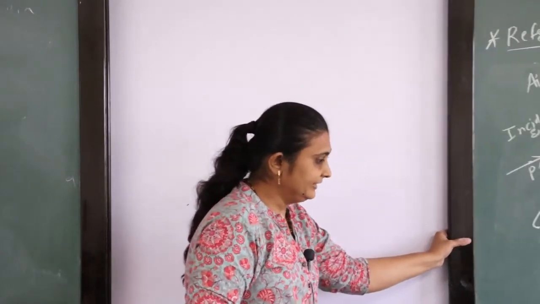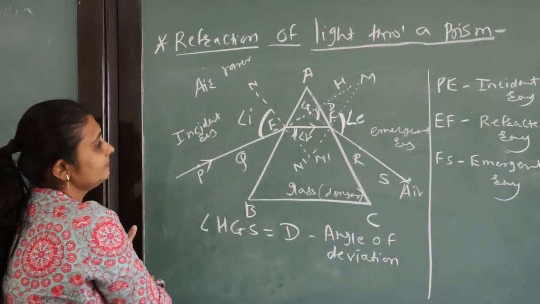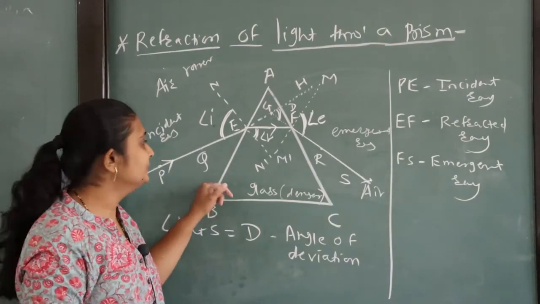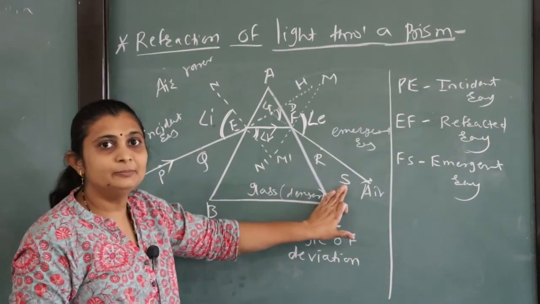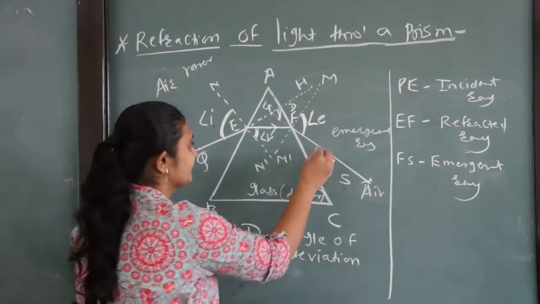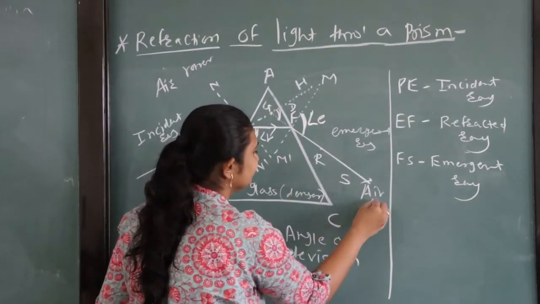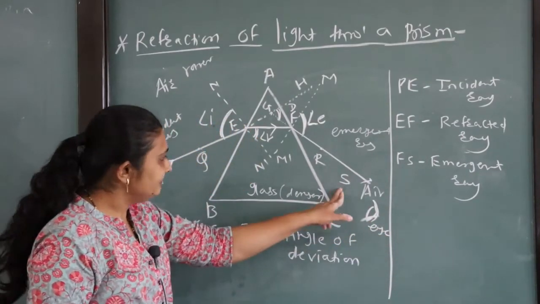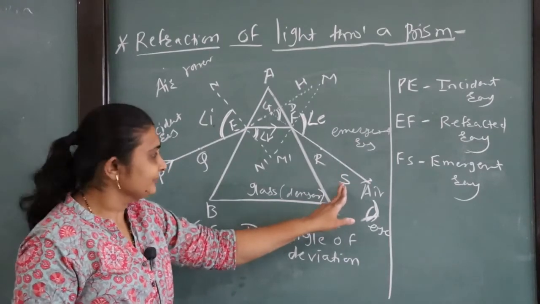This is an activity. Suppose P, Q, R and S are the pins. We have to put the pins here, and you have to observe these pins from this direction, correct?